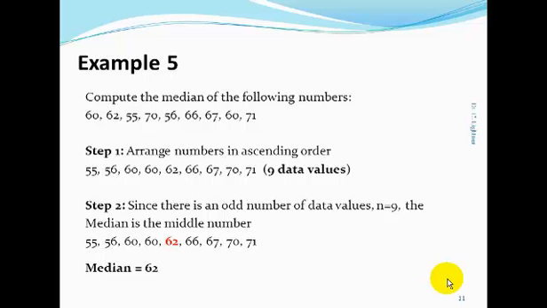First, placed your numbers in ascending order and noted that there are 9 data values. And second, since there's an odd number of data values, you should have identified your middle number, which was 62. And for this problem, 62 is our median.